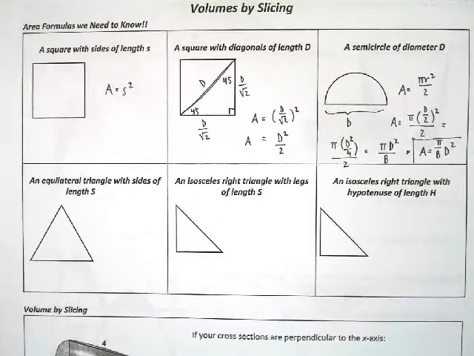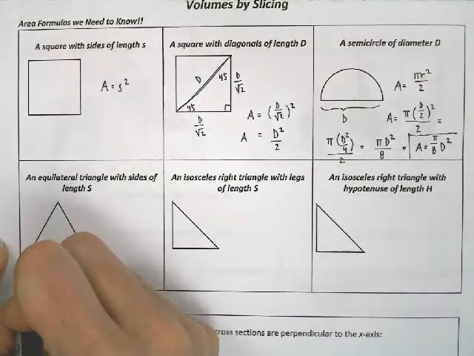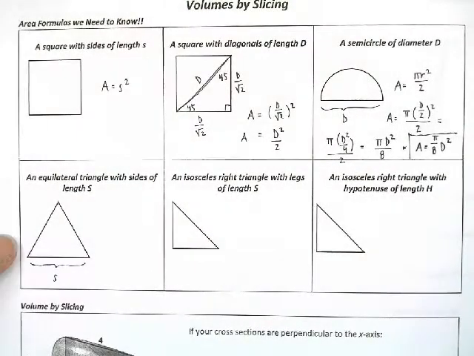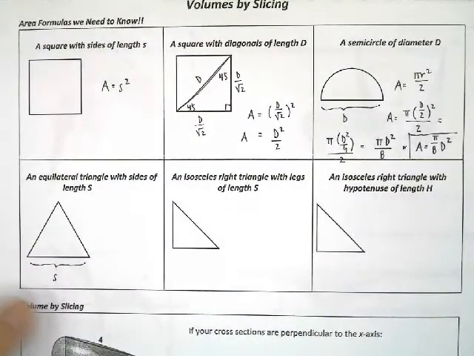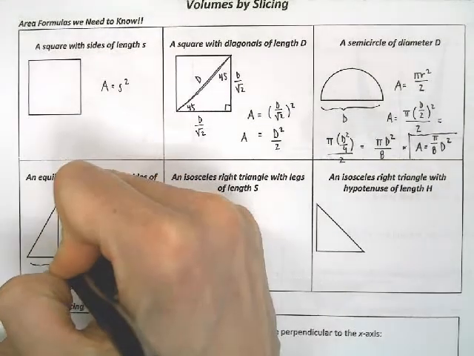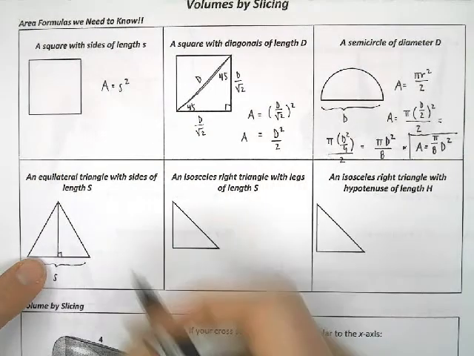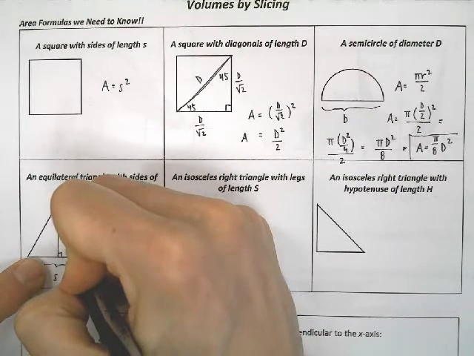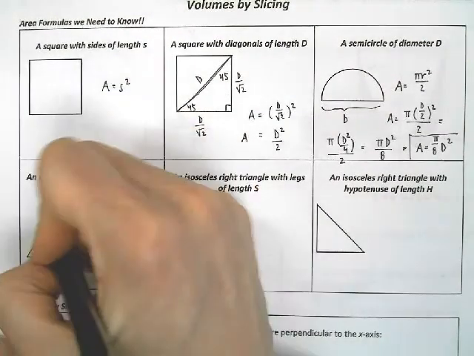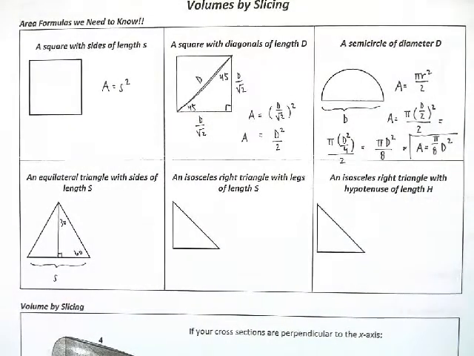Okay, the next one, we have an equilateral triangle with sides of length s. So I know this whole side length is s. Now, for a triangle, I know I need 1/2 base times height. So I know what the base is, but I have to find this height. Well, when I dropped that perpendicular, that altitude, this was an equilateral triangle. So that meant this angle was 60 degrees, which means by creating this separate triangle, I've created a 30, 60, 90.